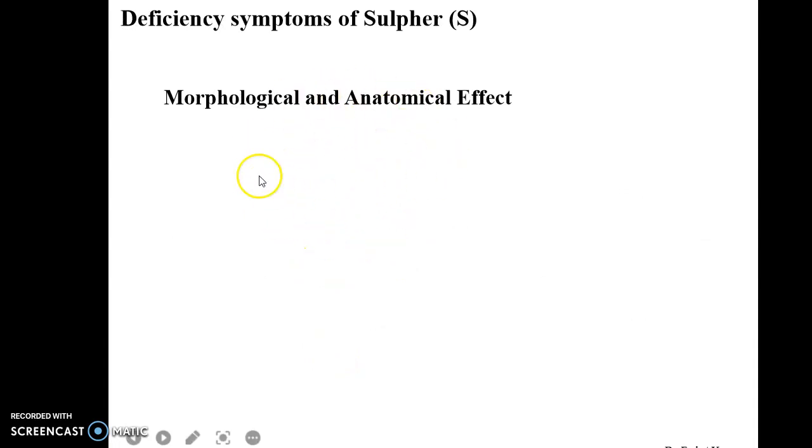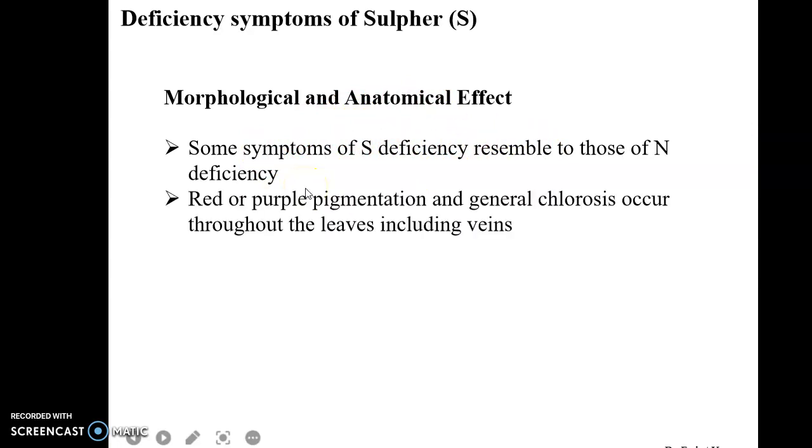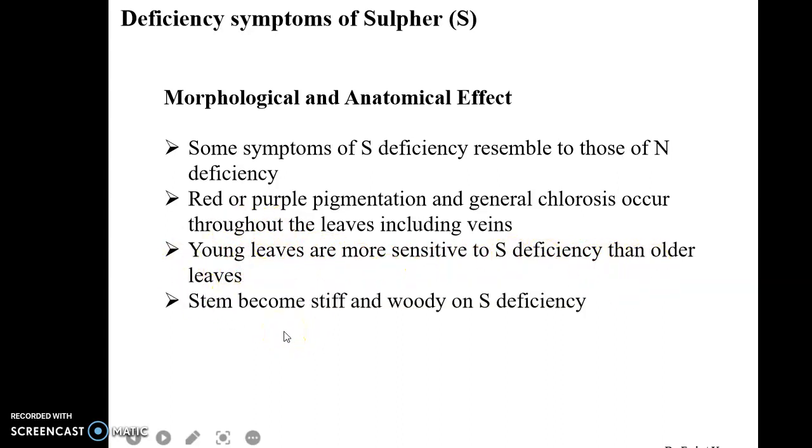If we talk about its deficiency symptoms at the morphological and anatomical level, some symptoms of sulfur deficiency resemble those of nitrogen deficiency. Red or purple pigmentation and general chlorosis occur throughout the leaves, including veins. Young leaves are more sensitive to sulfur deficiency than older leaves because of its immobile nature, and the stem becomes stiff and woody.